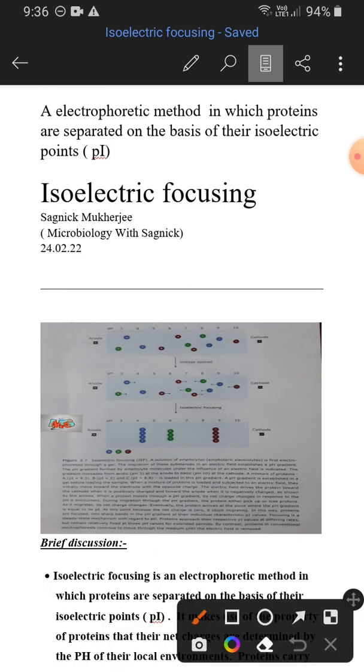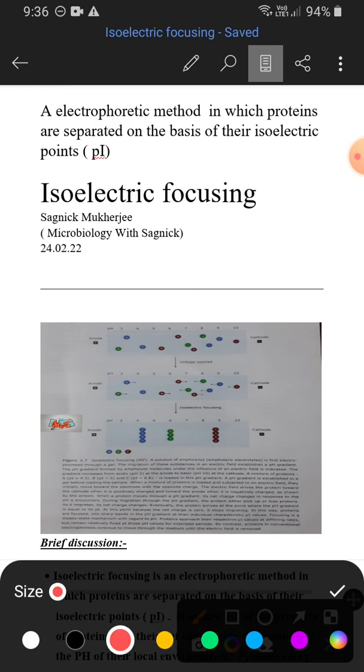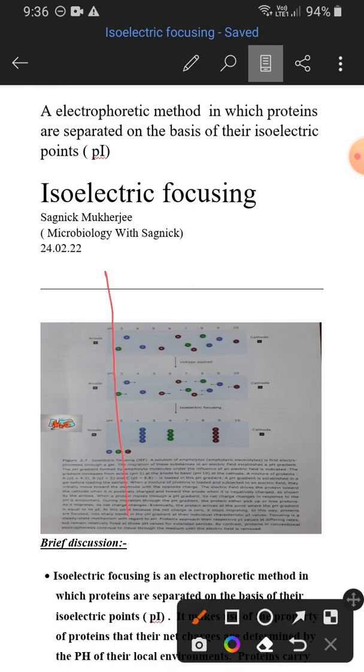Now, how can we use these differences in isoelectric point to separate proteins on the basis of them? Our first goal will be to generate a pH gradient on the polyacrylamide gel backbone, because the main basis is the same. We are again using polyacrylamide gel, but along with it we generate a pH gradient.